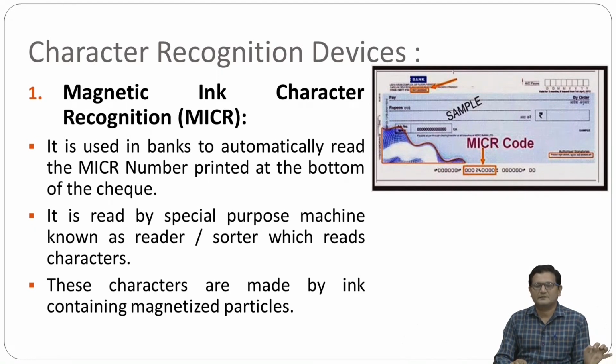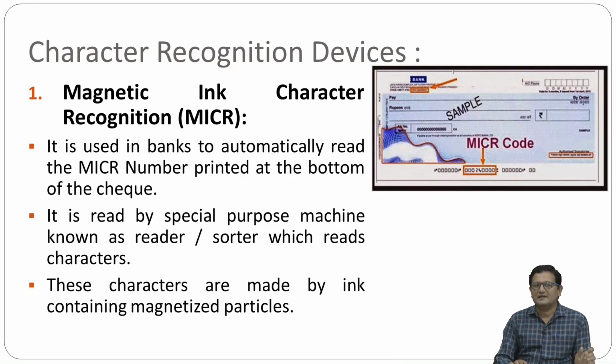This is written using a special type of ink, and the particles of the ink are magnetized. So the name is MICR, magnetic ink character recognition. It is used in banks to automatically read the marker number printed on the bottom of the check.